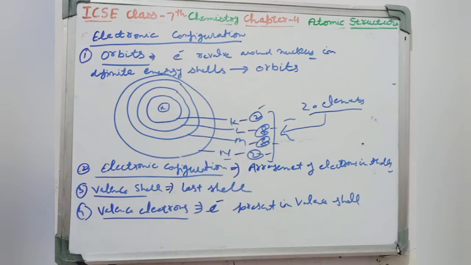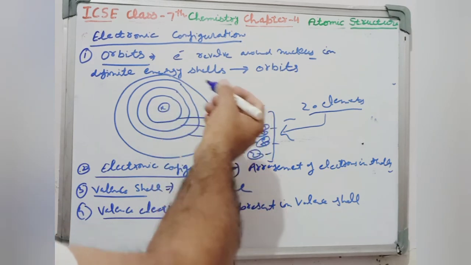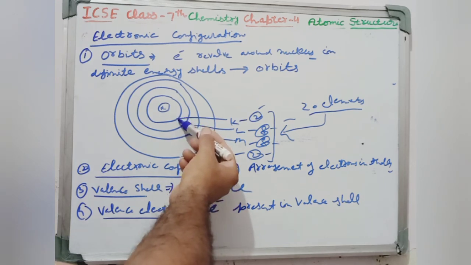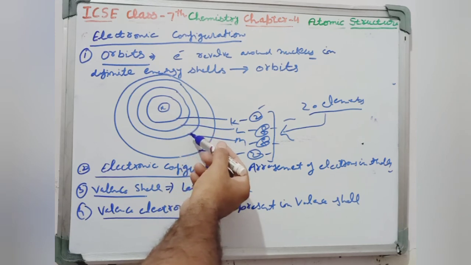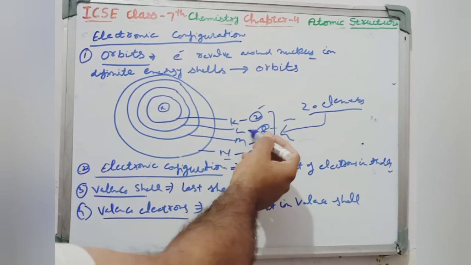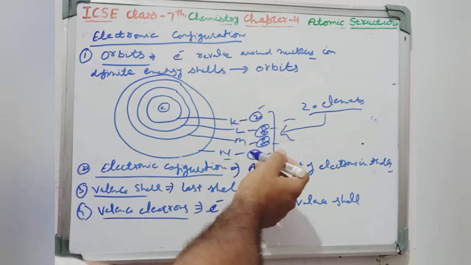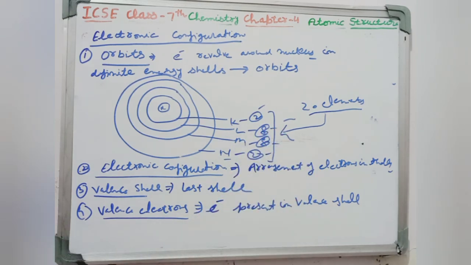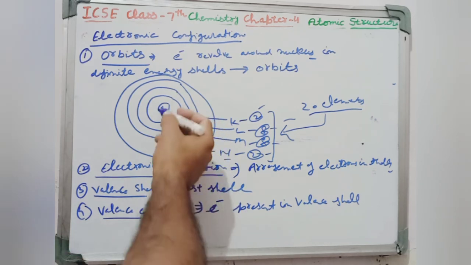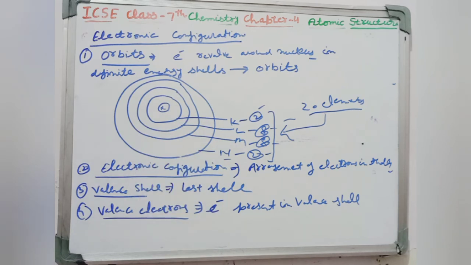This is the simplest representation which everybody can understand. The first shell is K, second is L, third is M, fourth is N. K can hold 2 electrons, L can hold 8, M can hold 8, N can hold 2. Right? The shell which is closest to the nucleus, K, has minimum energy.